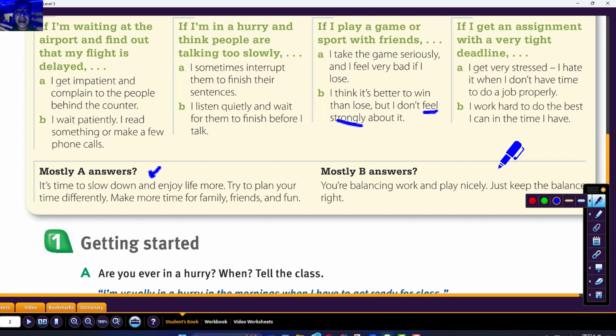Try to plan your time differently and make more time for family and friends and fun. Why not? And if your answers were more from the B side, then you're balancing work and play nicely. Just keep the balance right, okay? That's the advice for you.